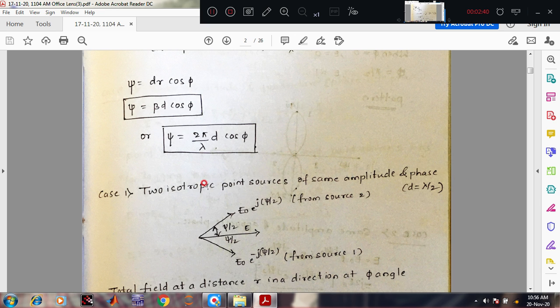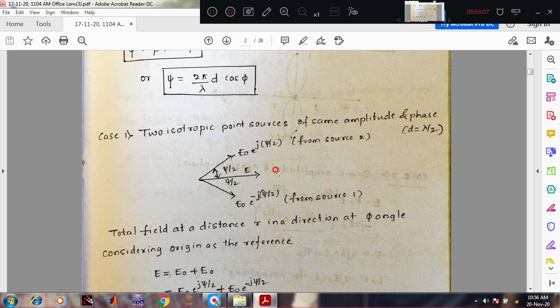Now we will discuss some cases. We have this formula, psi equals dr cos phi, or psi equals beta d cos phi, or psi equals 2 pi by lambda d cos phi. Case 1: two isotropic point sources of the same amplitude and phase, where the distance between the two point sources is lambda by 2.